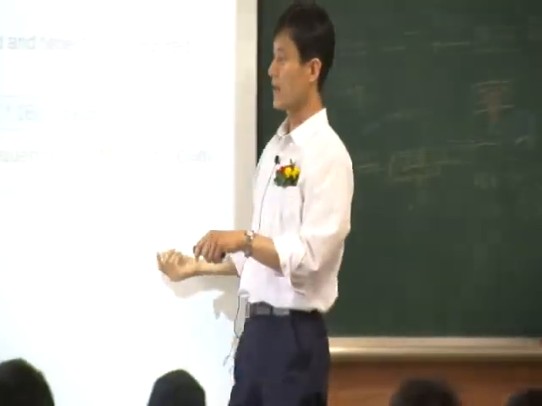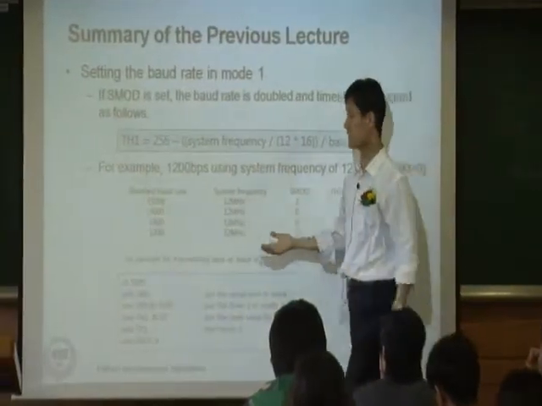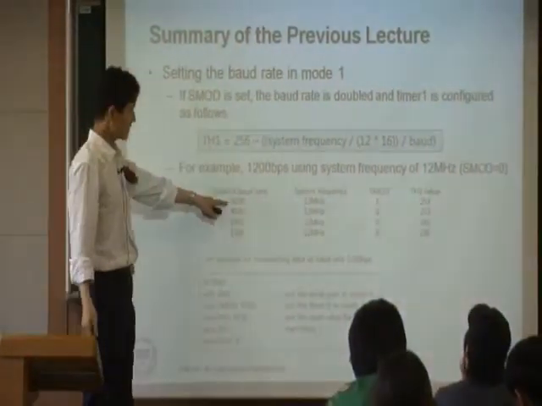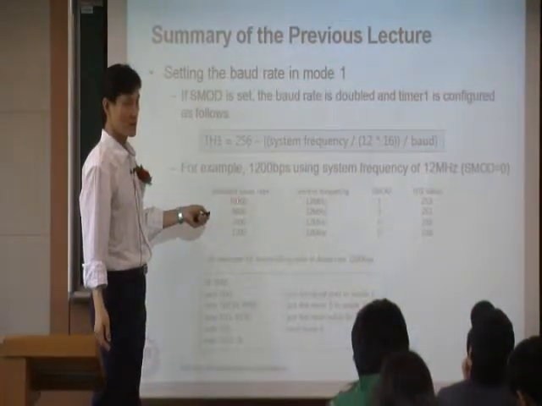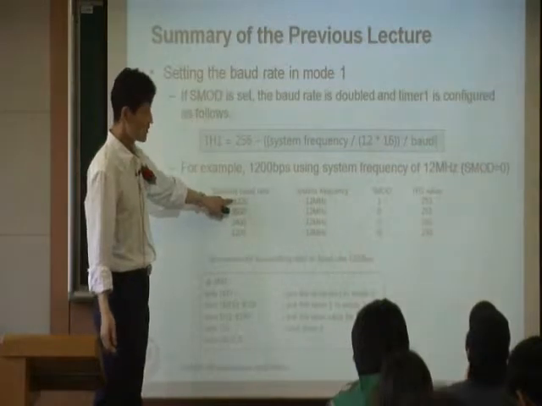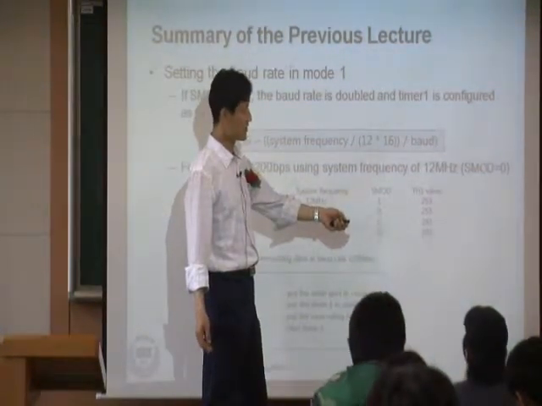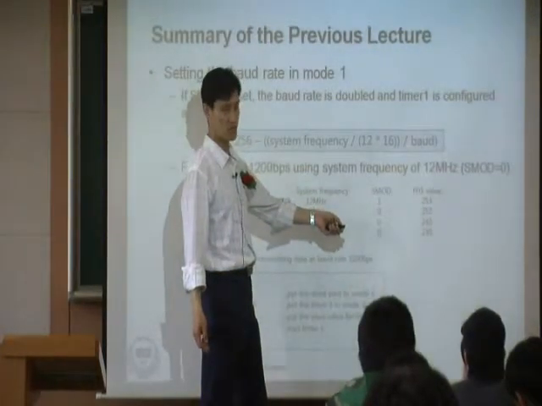Let's say I want to make it even higher. Maybe 9600 is too slow for me. Let's say I want a baud rate of 19,200. In that case, you want to increase this even higher, but this value cannot be higher than 256.